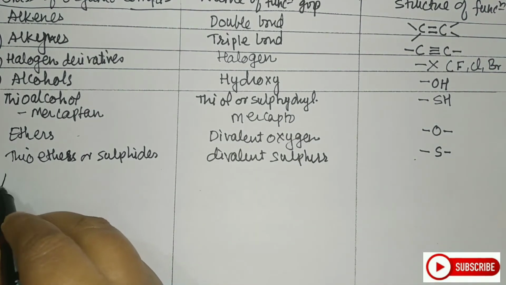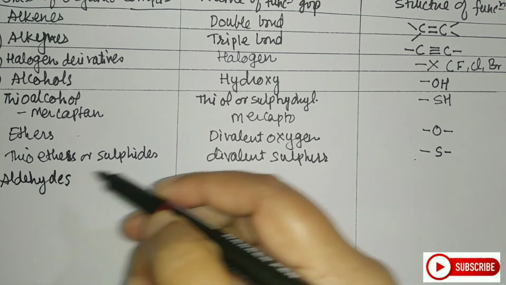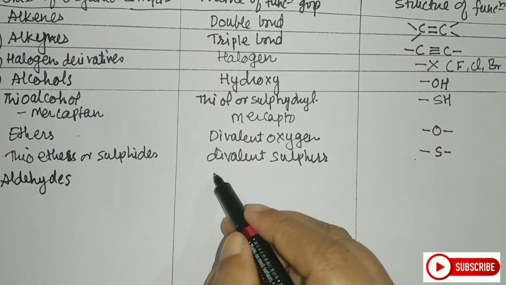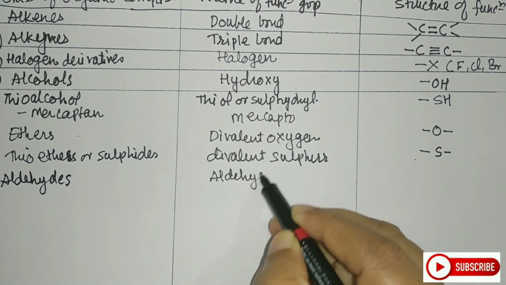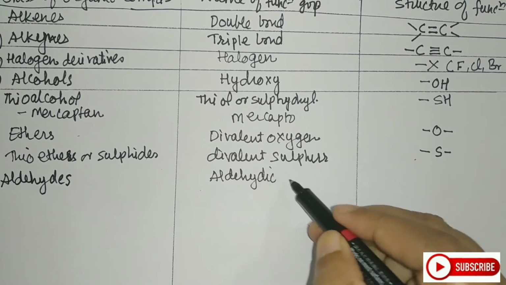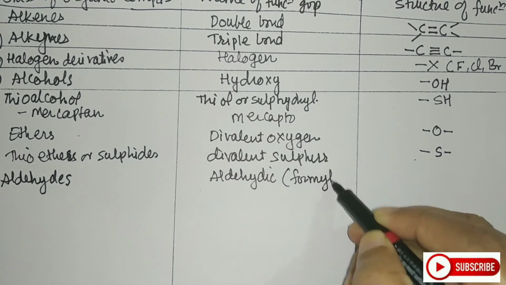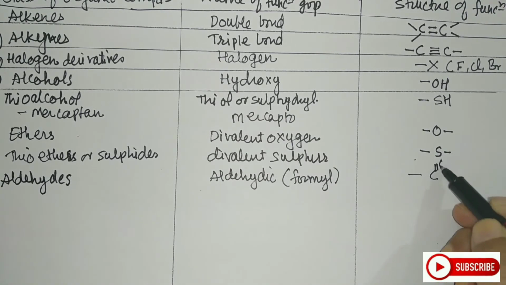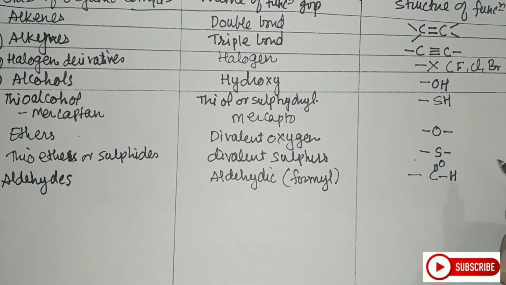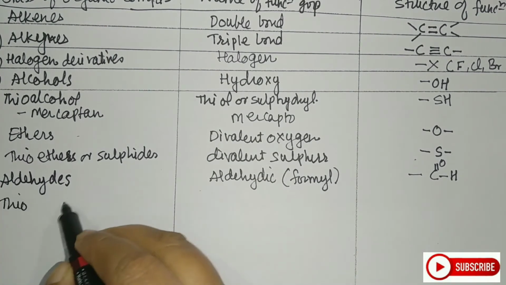Next is aldehydes. Here you call the group the aldehydic group, or simply we call that formyl. It is represented as C double bond O H. Next is thioaldehydes.